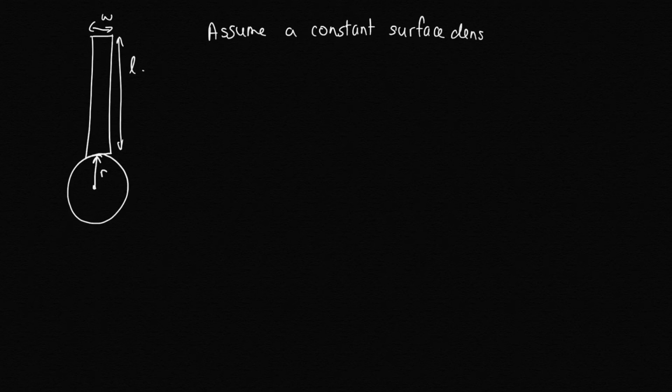Okay, so just to show you pretty much as complicated as it can get, we've got this composite shape which consists of a rectangle. Let's let it have width W and a length L. And then we've got a circle at the end of the rectangle with some radius R. And we will assume a constant surface density sigma for both shapes.